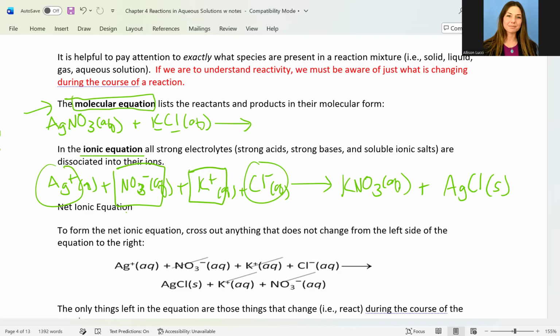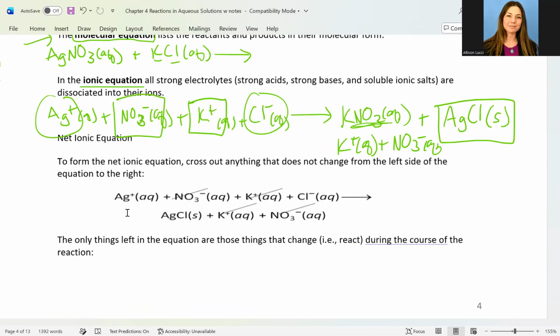When I write the ionic equation, I would keep the potassium as an ion over here and the nitrate as an ion as well. But I would pair together my silver with my chloride ions.